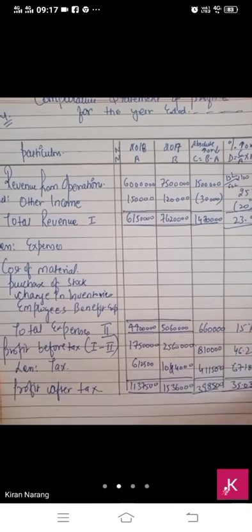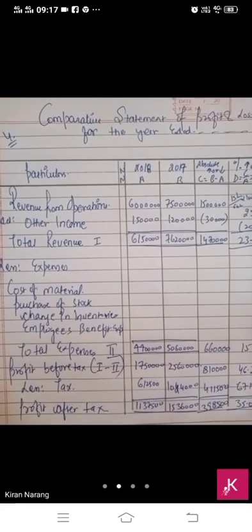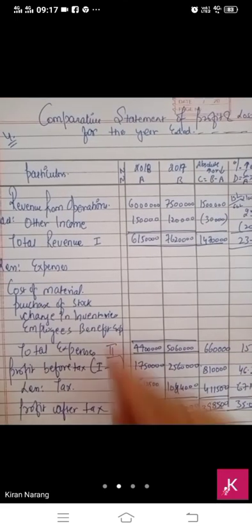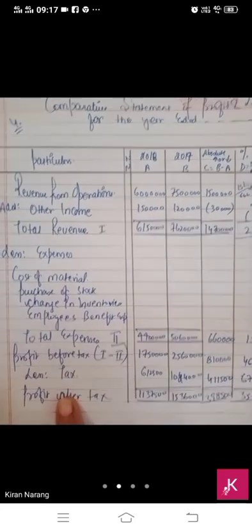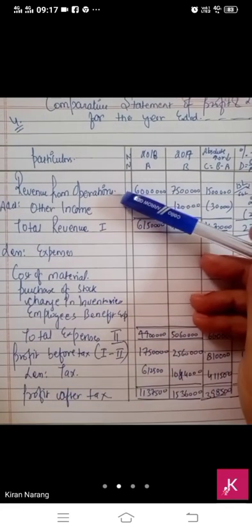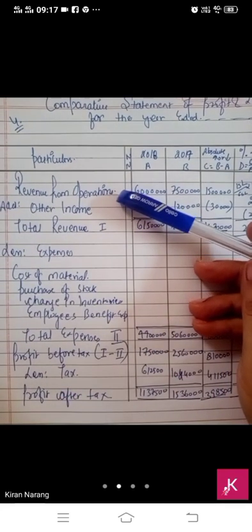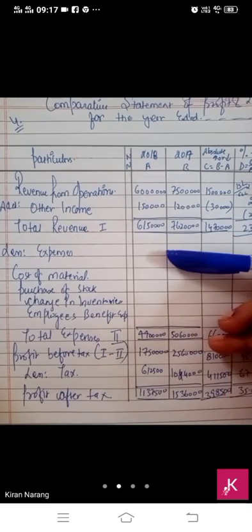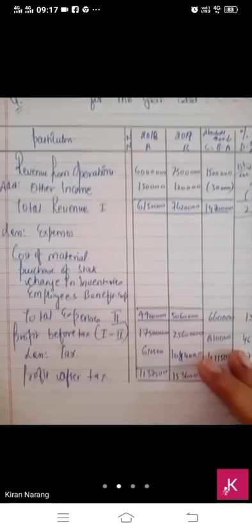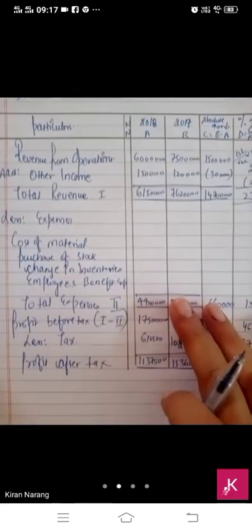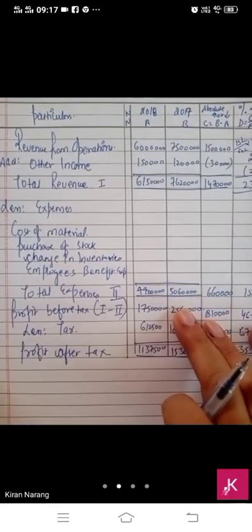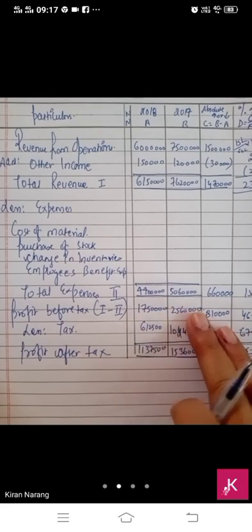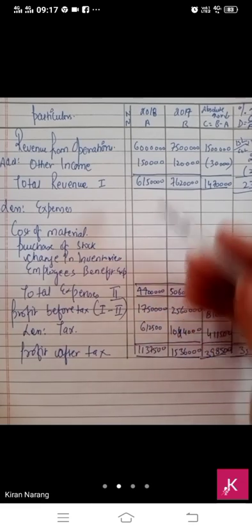Calculation of these two columns is similar to that of comparative balance sheet. Only difference is in the particulars. First of all, you have to write the revenue from operation, this income of the business, that is called sale. Other income you have to add, that will become total revenue. Then if expenses are given to you, you will take them, and if total is given, then it's okay. In this question, total was given. So deduct the total expenses from the total revenue.